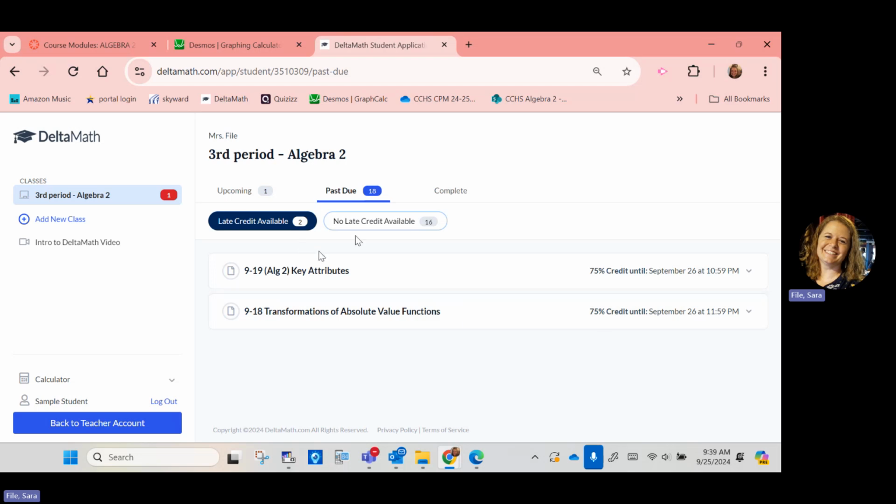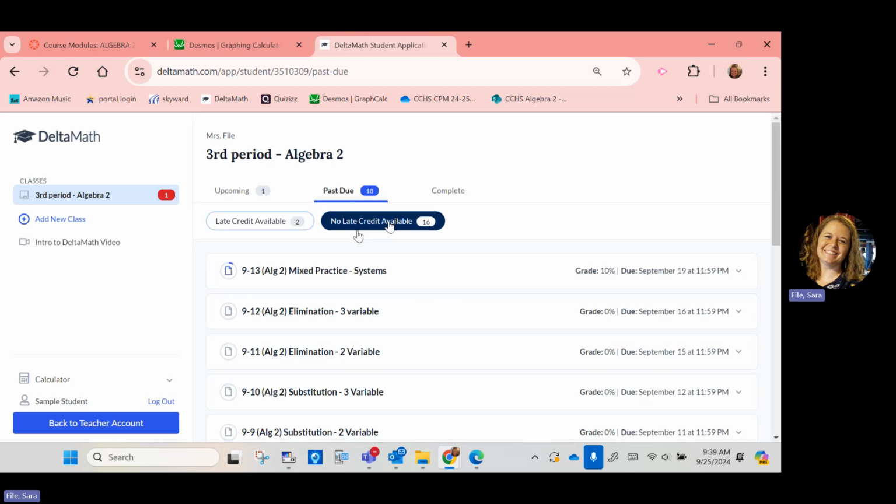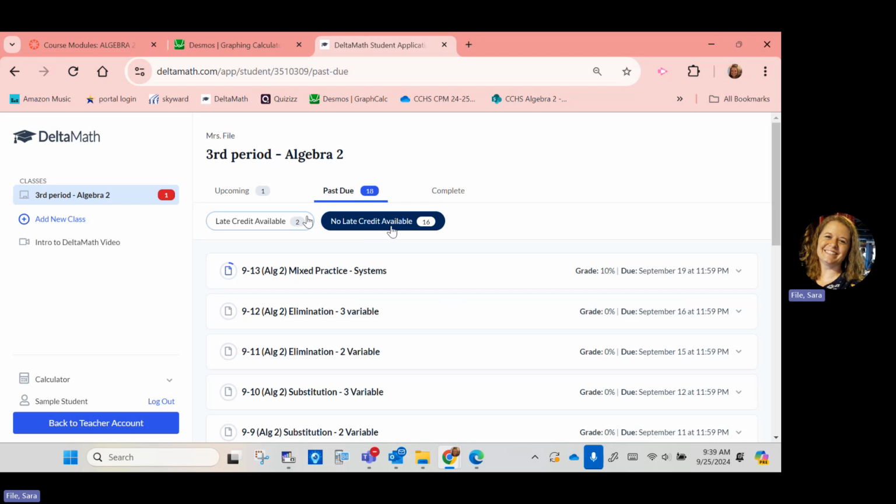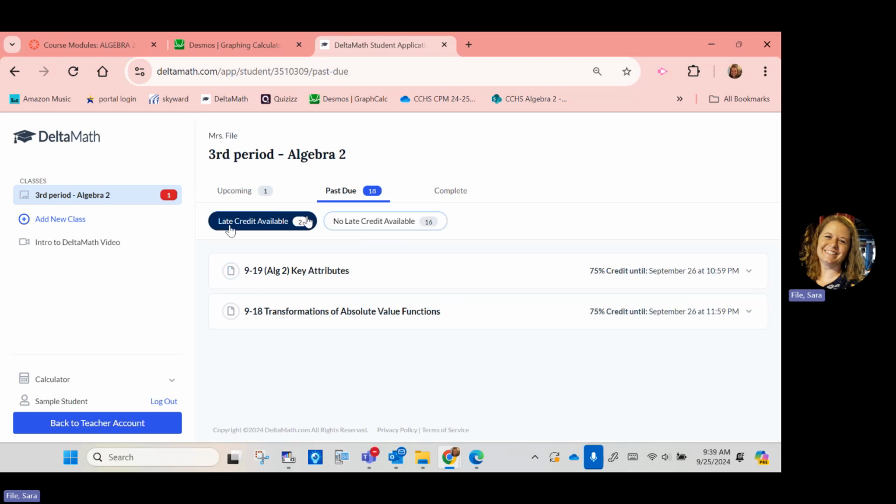Anything that shows up under no credit available, you can still look at, but you're not going to change your grade. That no credit available, if you have anything under there past due, that's from unit 1 or 2. We've moved on to unit 3. So these from last week, unit 3 assignments, you can still get 75% credit, and that's through tomorrow, and then they'll drop to 50% credit.